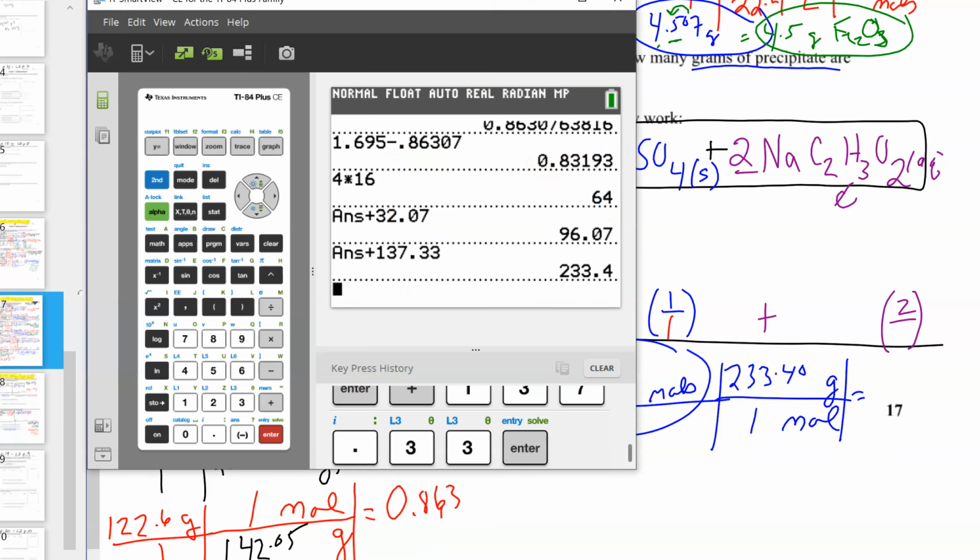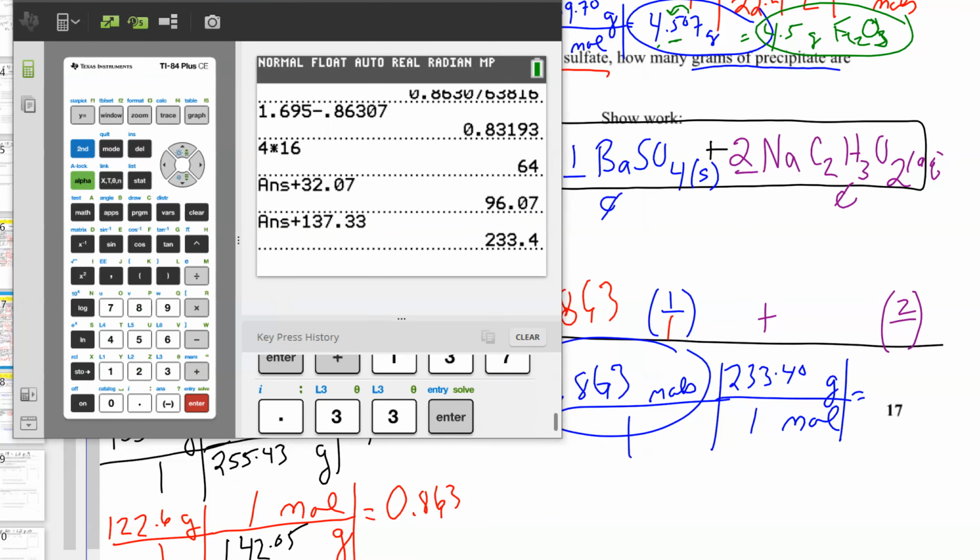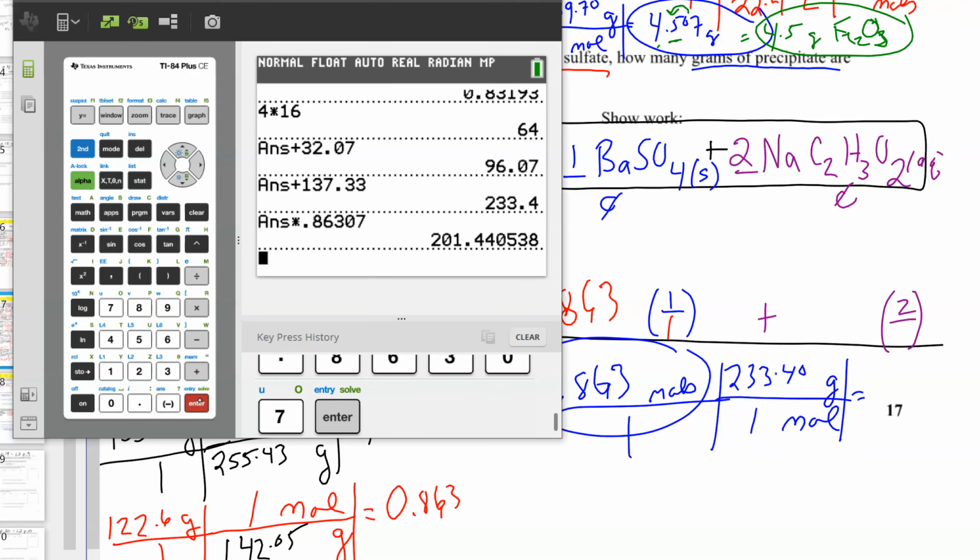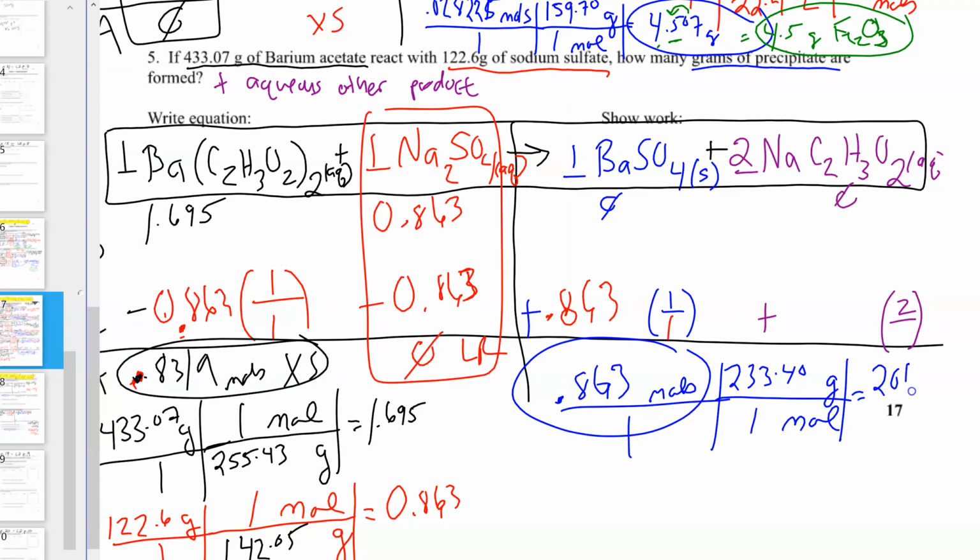So now all we have to do is take that times our 0.86307, that's my moles, and we get 201.440, and that's my grams of solid product. But never forget sig figs. I've got to go to 4 sig figs. This is going to be 201.4 grams of the solid precipitate, which is barium sulfate.